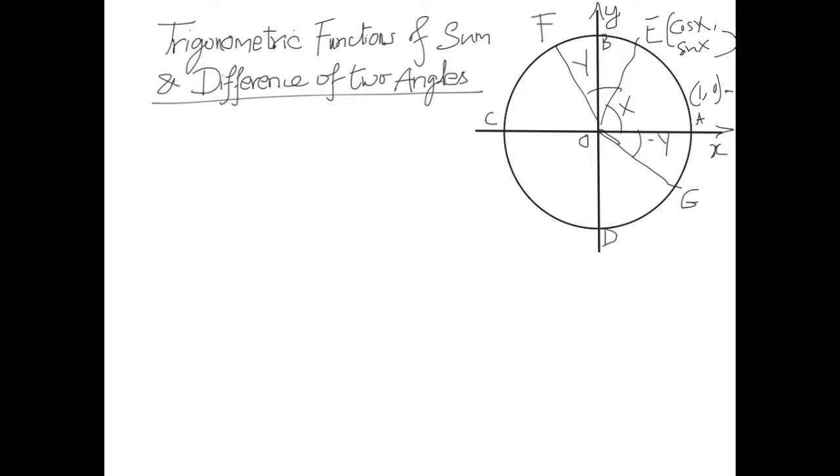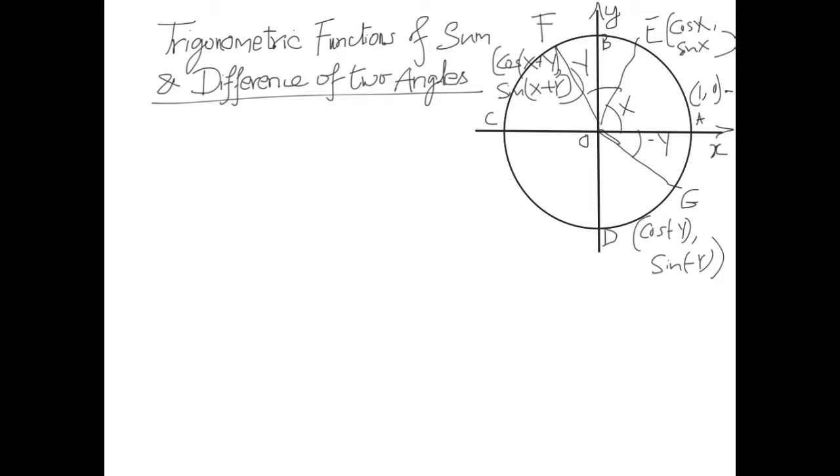Likewise, the coordinates of F would be cos of x plus y and sin of x plus y, because OF makes an angle of x plus y with the positive x-axis. And likewise, the coordinates of G would be cos of minus y and sin of minus y, because it makes an angle of minus y with the positive x-axis.